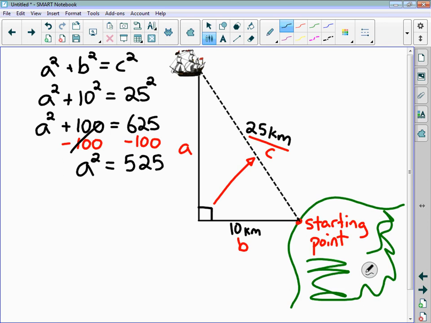Now this is what a squared is. So we have to find out just what a is, so then we take the square root of that. So the square root of 525, I'll enter that into my calculator. Square root of 525 is equal to 22.91. So a then is equal to 22.91 kilometers.